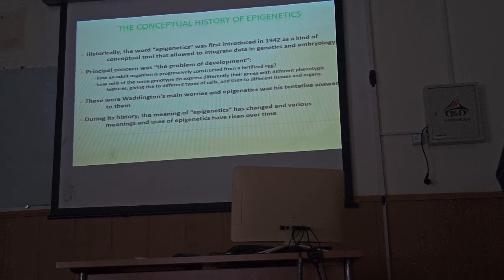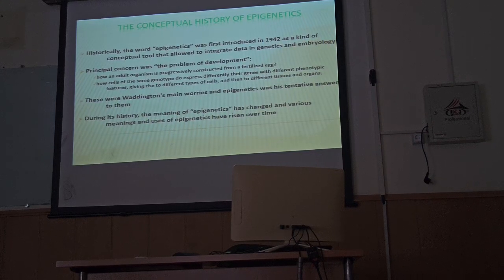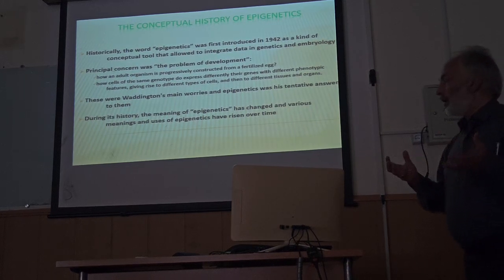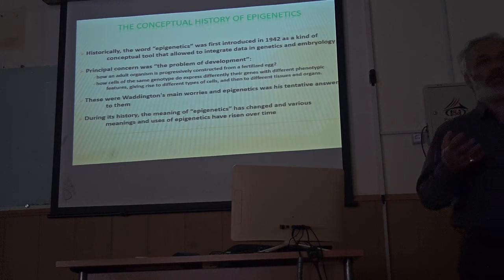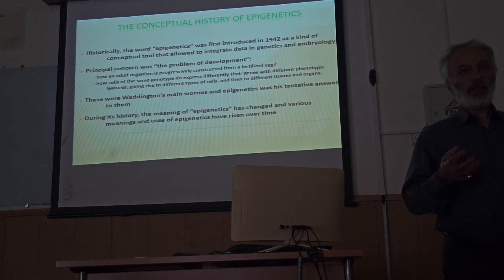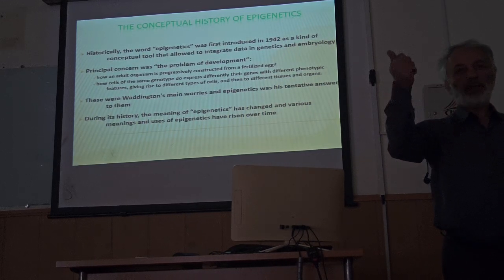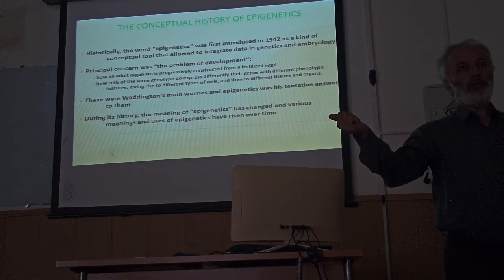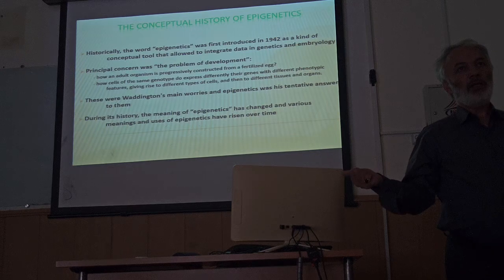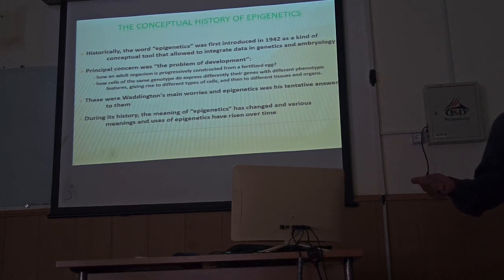The expression of genes is changed based on epigenetics. Epigenetics is actually the mechanism of differentiation of the cells. Cells differentiate from one fertilized egg. One cell becomes a liver cell, another becomes a muscle cell, another a heart cell, bone cells, skin cells.